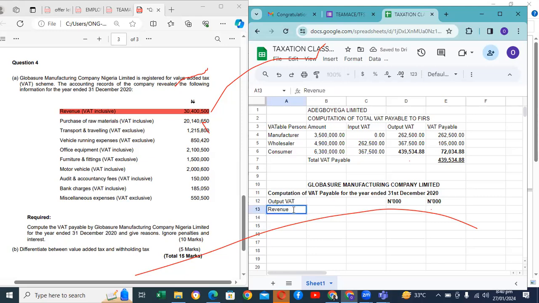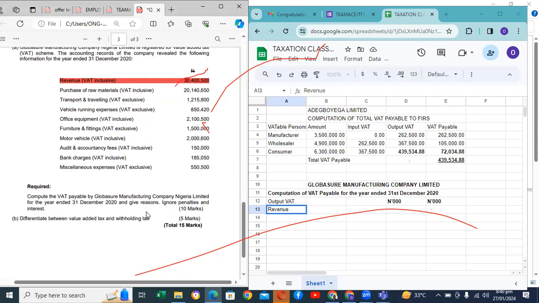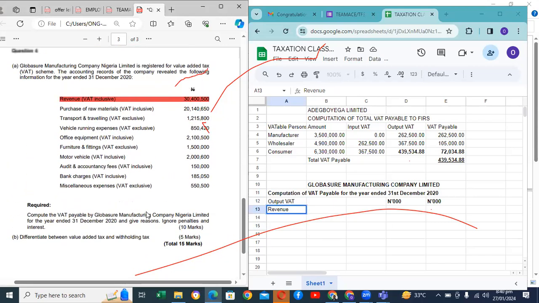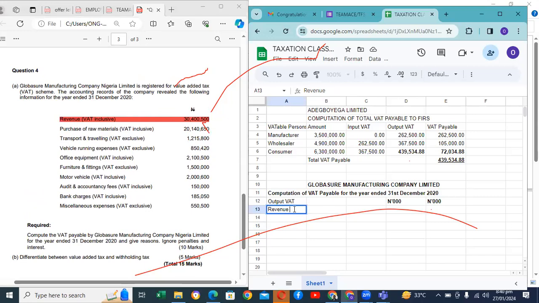What year is this question, sir? I don't know the year, I just compiled it, but it's a past question. The examiner said VAT inclusive, abi. Do you remember the rule? 7.5 divided by 107.5, abi. Yes. Times 7.5. Times 30,400,500. What do you have?